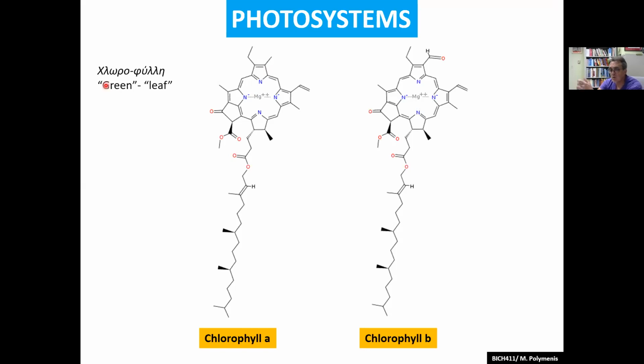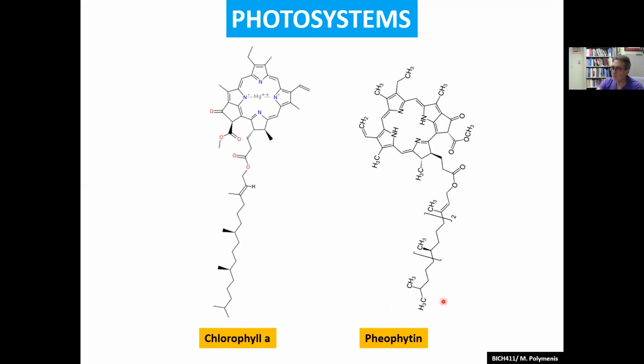And the name, of course, means green leaf, chlorophyll. It's what makes plants green. But there are various other side chains to the chlorine ring, and depending on what you have on the side chains, you get chlorophyll A or chlorophyll B. The only difference here is one extra keto group on chlorophyll B.